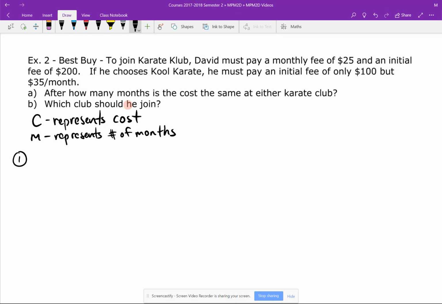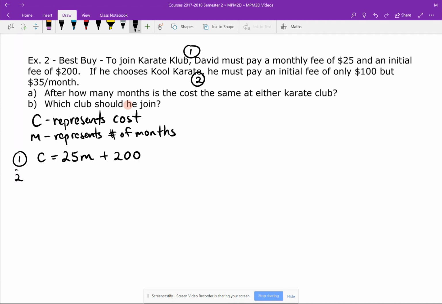So each equation will now be used to define the price for each club. So the first club, let's say Karate Club is the first one, so number one, and we're going to use Cool Karate as number two. So Karate Club is going to have a cost C that's equal to $25 a month, so 25 times the number of months M, plus your initial fee of 200.